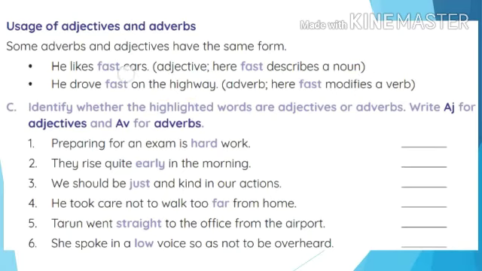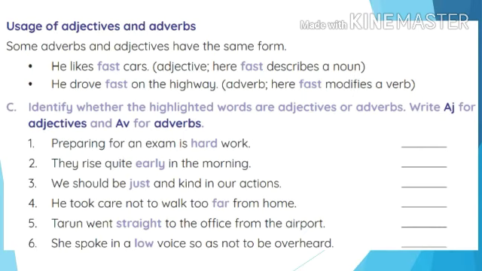Here fast is considered an adverb, it modifies the verb. But in the first sentence it is an adjective, describing the car, which is a noun. So that is the usage.